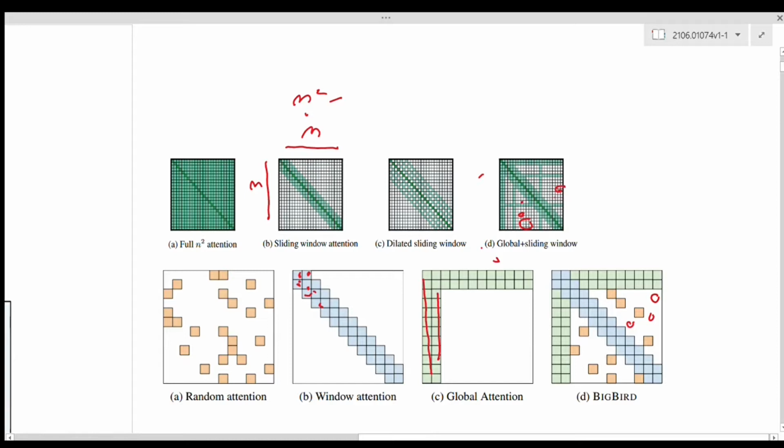For example, if we are querying how many items there are for each one, we will be getting uncertain data, because our query would not be focusing on all the elements in the database. That's why these papers try to solve the problem of using databases with the attention mechanism.